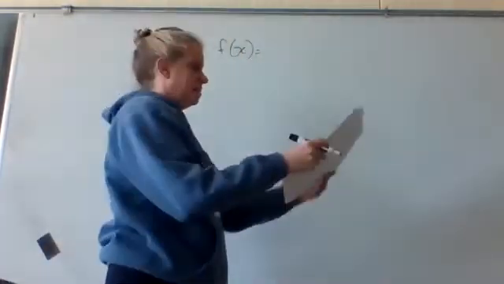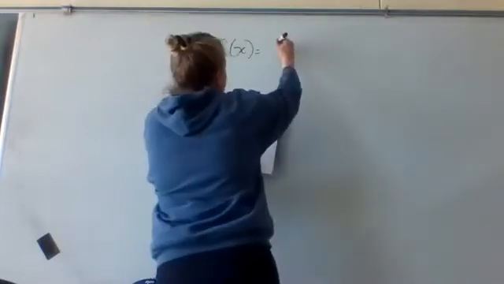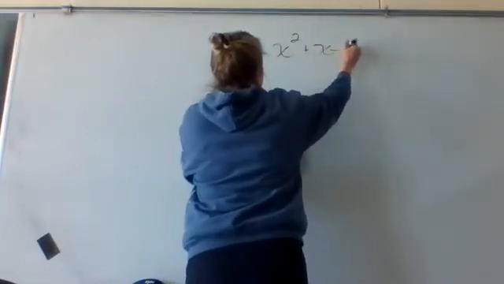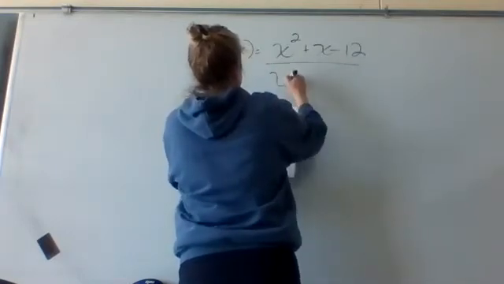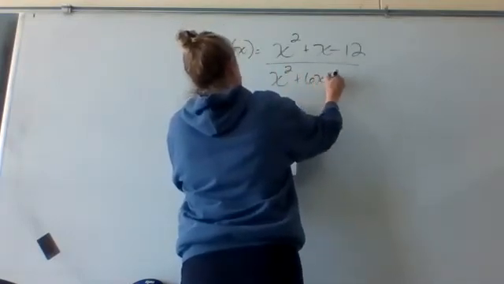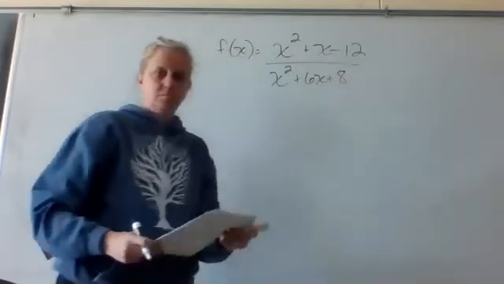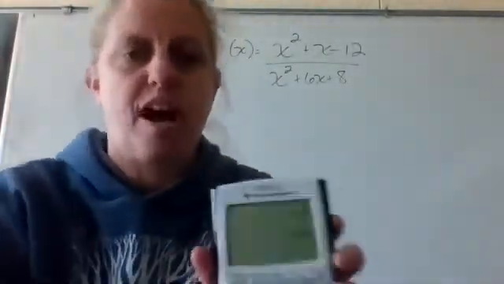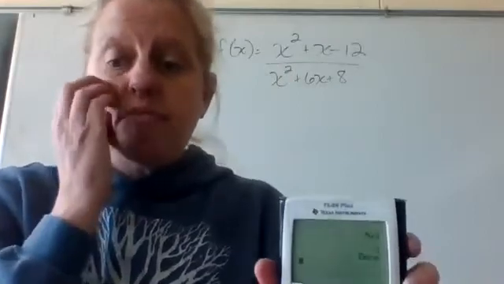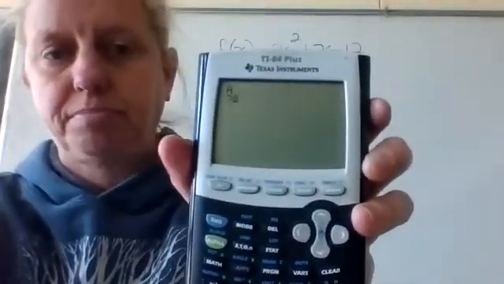All right, x squared plus x minus 12 over x squared plus 6x plus 8. Okay, let's find the zeros first. They're both quadratics, so I'm going to cheat and just use my quad program to find the zeros of the top and the bottom.